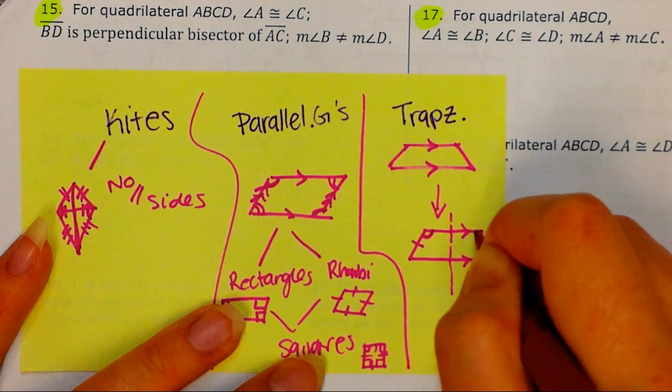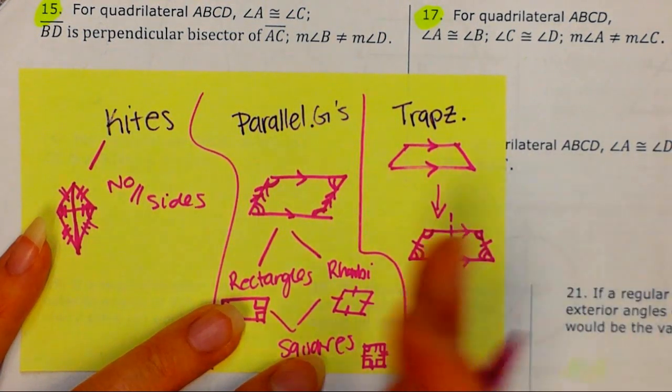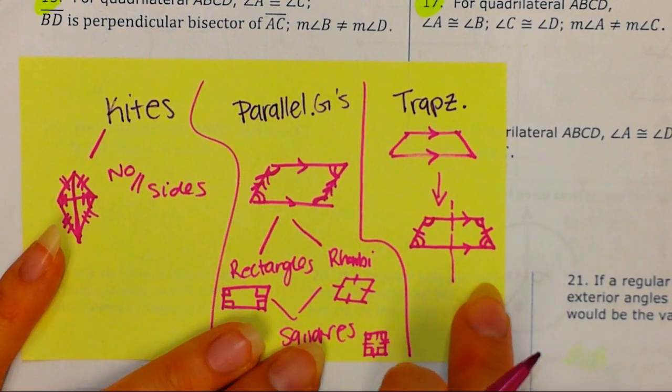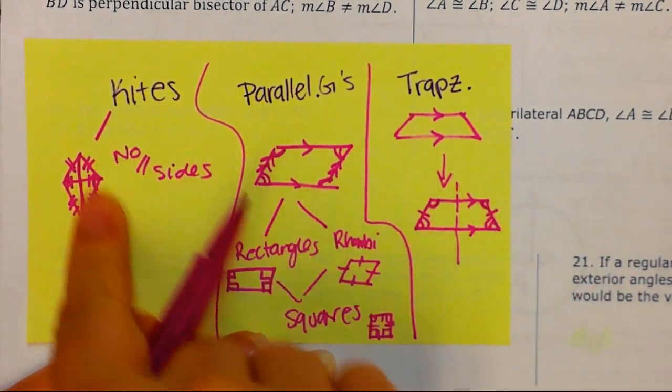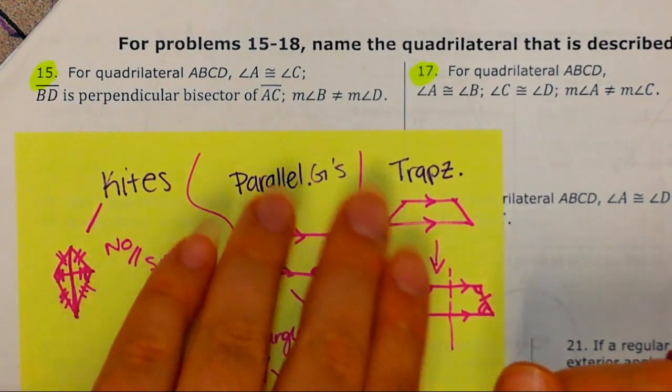It means that these two angles are congruent, and these two angles are congruent because everything on this side matches this side. So these are just the basic properties that you want to be on the lookout for when working these kinds of problems.